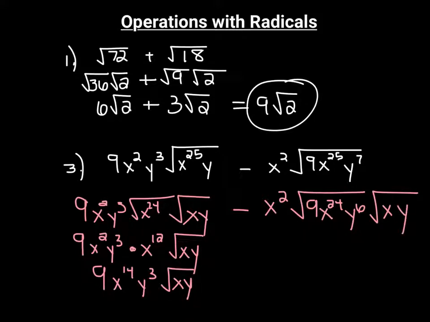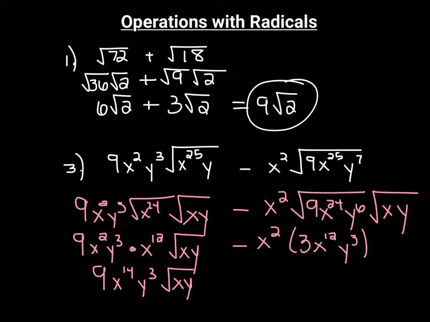Okay, so I'm going to bring down my minus x squared, and the square root of, basically everything in this radical right here is going to leave us with, I'm just going to put a parenthesis to multiply this time, 3 times x to the 12th, and then times y to the third. Remember, you just take that exponent and divide it by the root, so when you divide it by 2, it gives you 3, so you get y to the third.